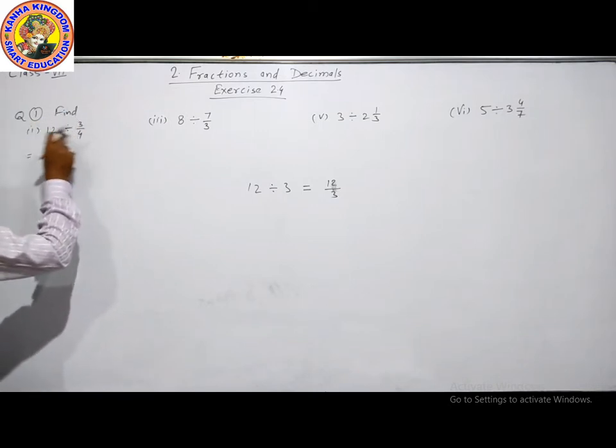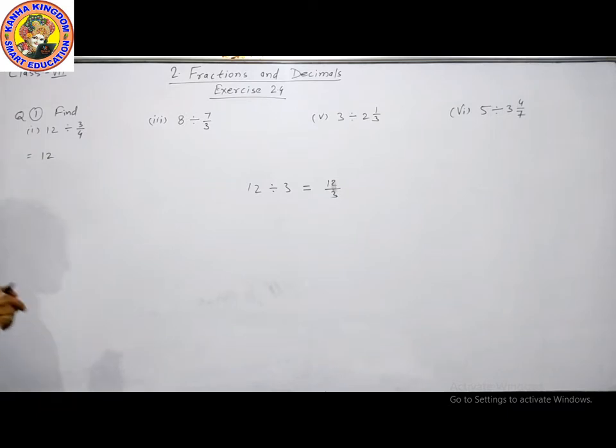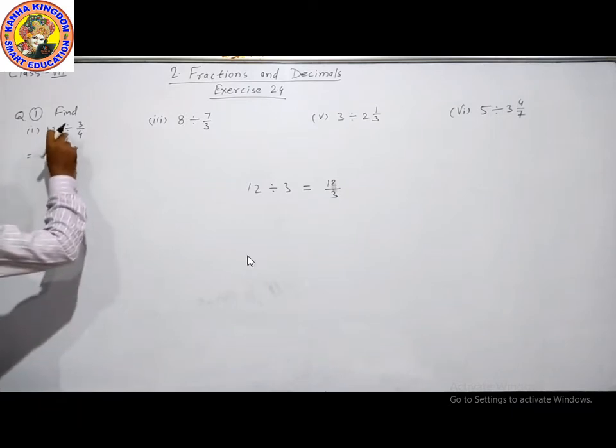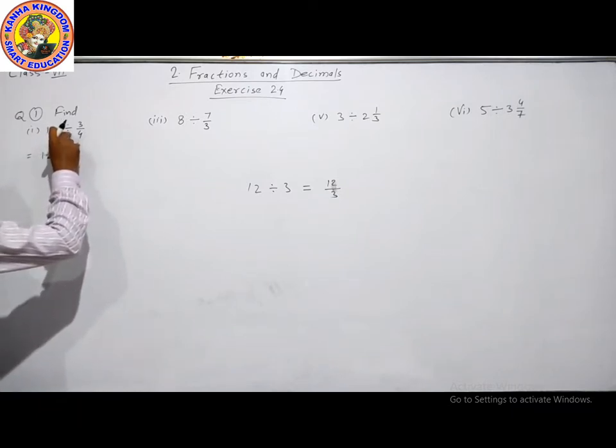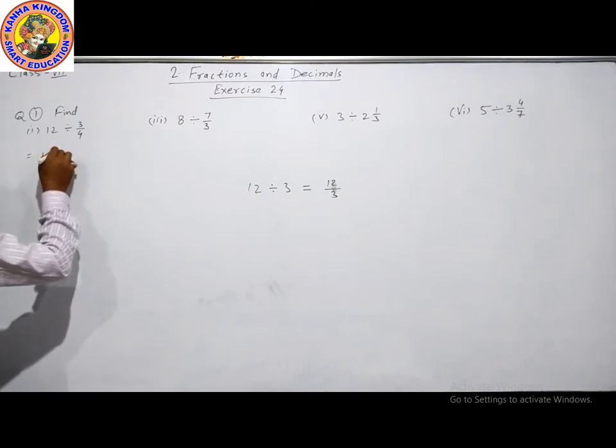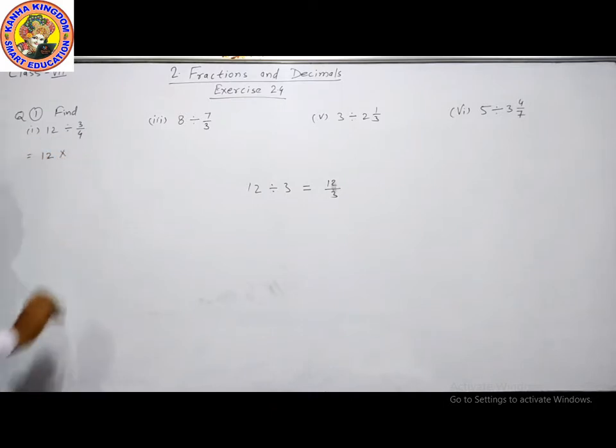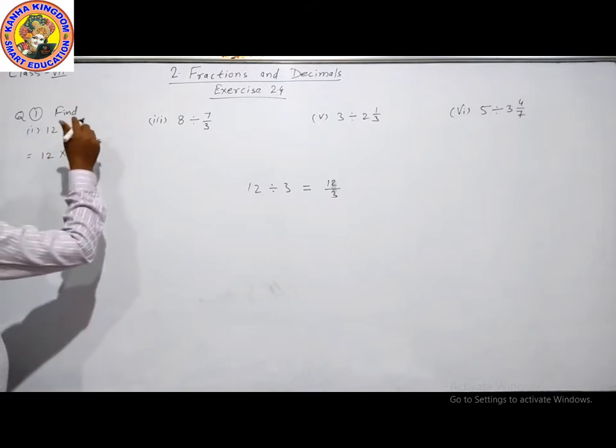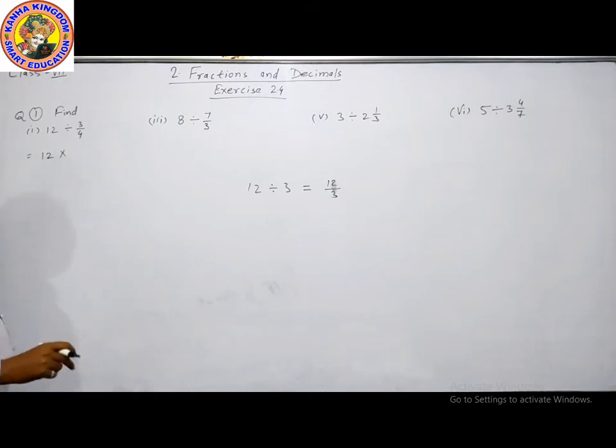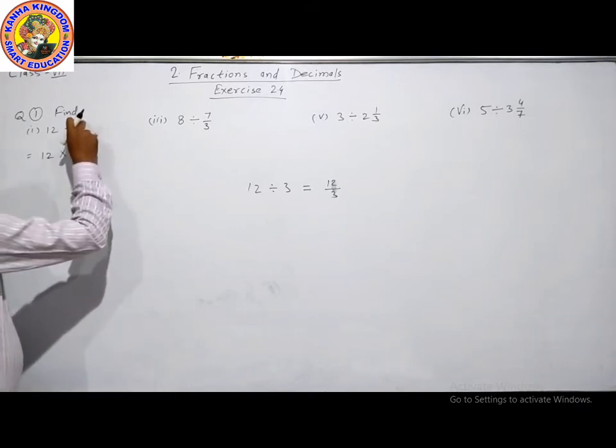If any of these numbers is a fraction, the division will change into multiplication, and here the fraction is 3 by 4.